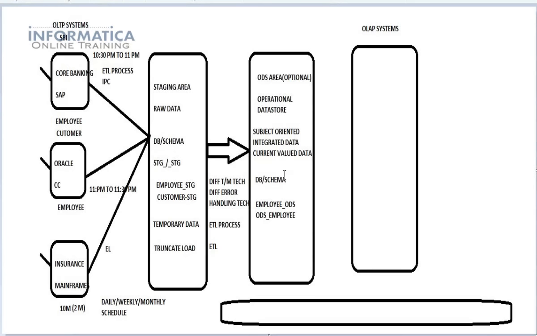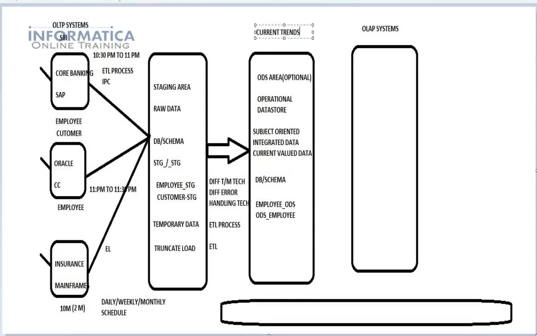So you may have the doubt: why exactly do we need the ODS area? Why does the client require the ODS? What is the importance of that? Let us say the client wants to understand the current trends, and wants the detailed data.